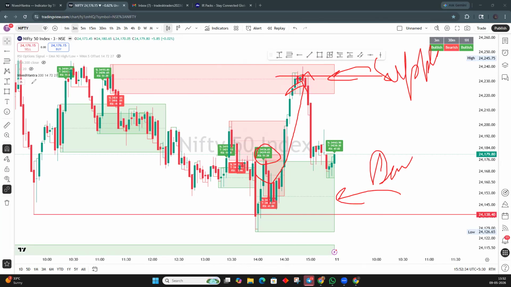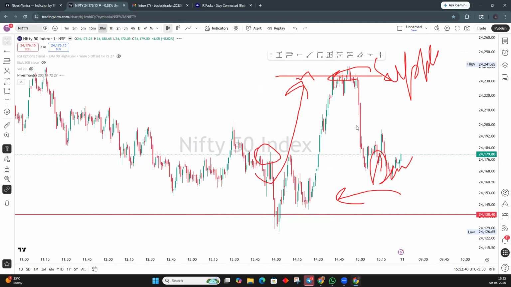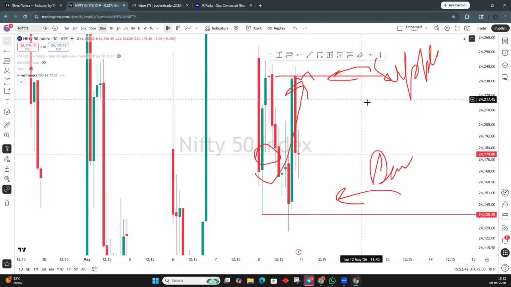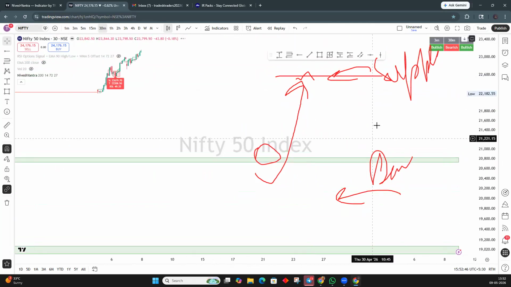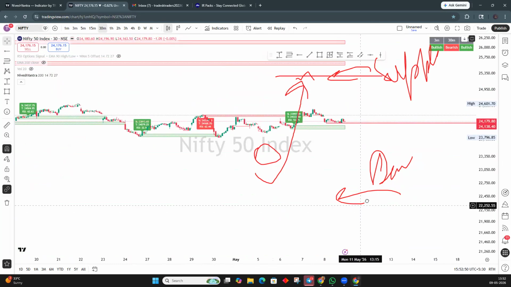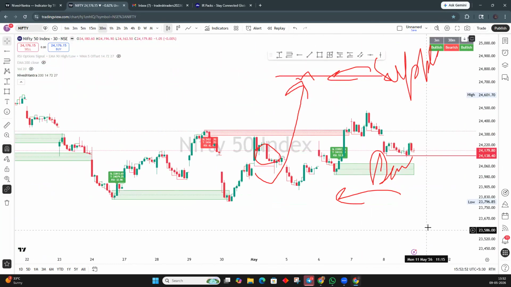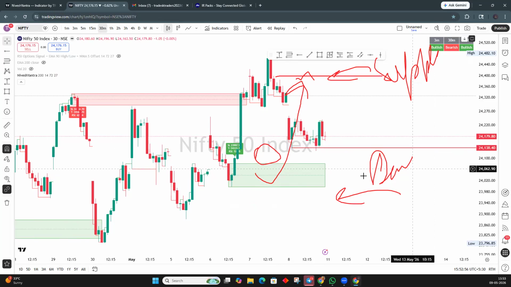Always remember, whatever time frame you are taking, even 1 minute, 3 minute, 5 minute, any time frame. Suppose on 30 minute, there is no setup because it is just a sideways market. Meanwhile, if you see the day before yesterday, I will show you.